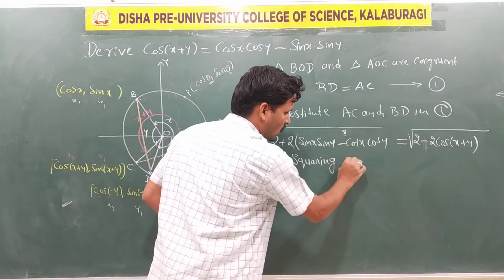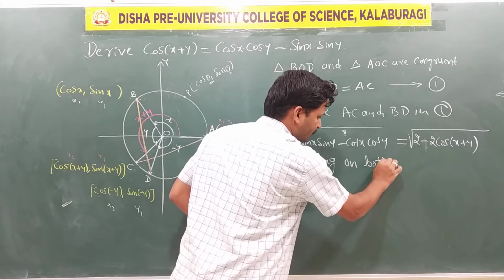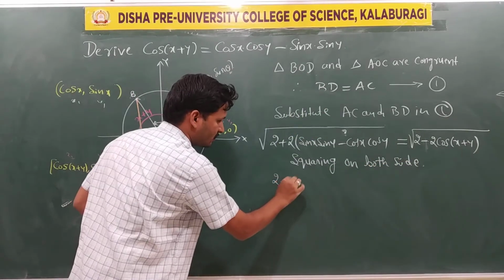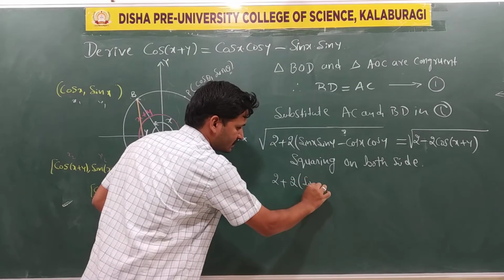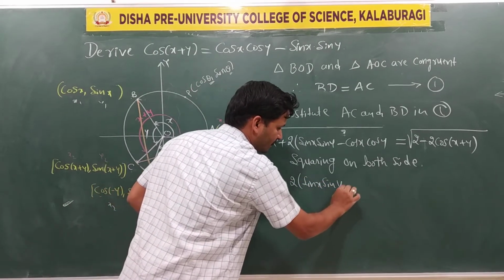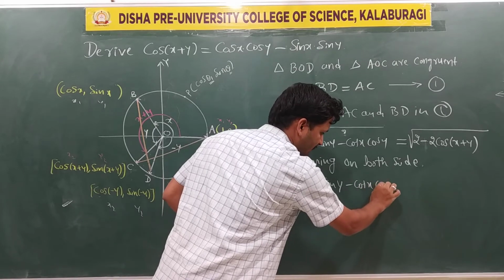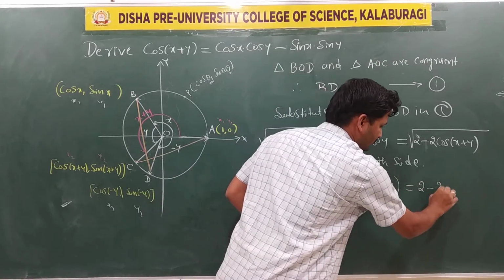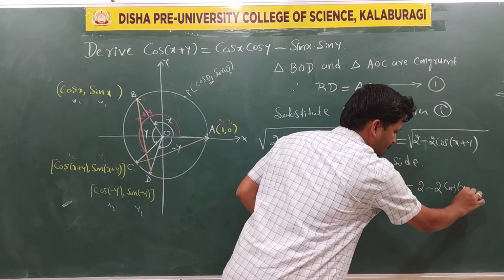Okay, so what we get is 2 plus 2 times sin x into sin y minus cos x into cos y, which equals 2 minus 2 times cos of x plus y.